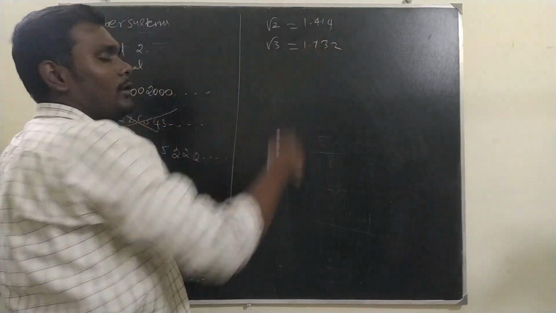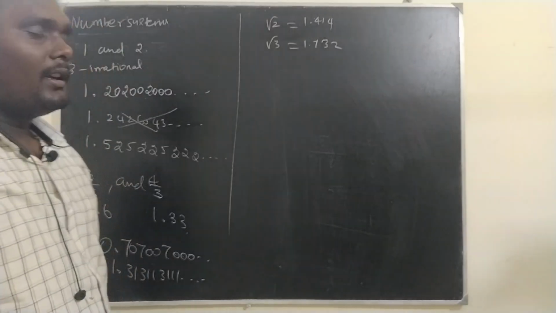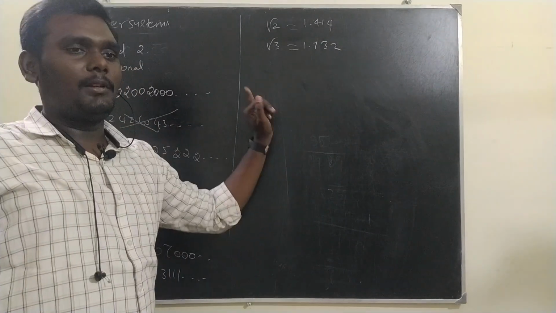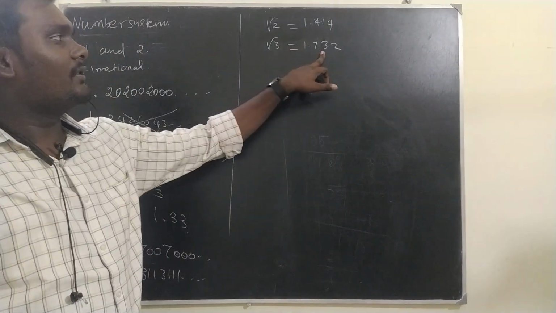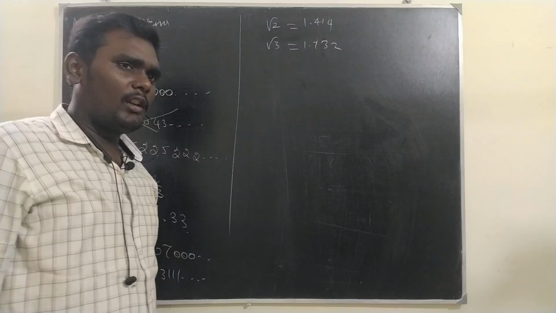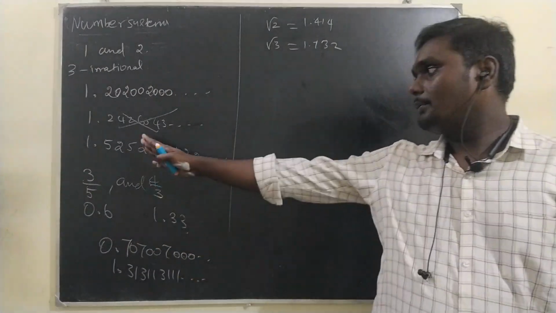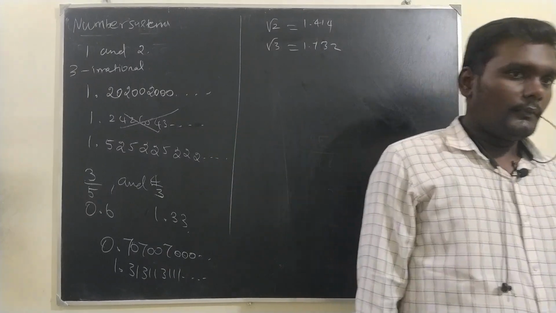So between 1.4 and 1.7 we have infinite numbers. We can start like 1.51, 511, 5111, or else 1.60, 611, 622. Even we can start with 1.72, 71. Whatever number we wish, we can start, but it has to follow this pattern. Got it?